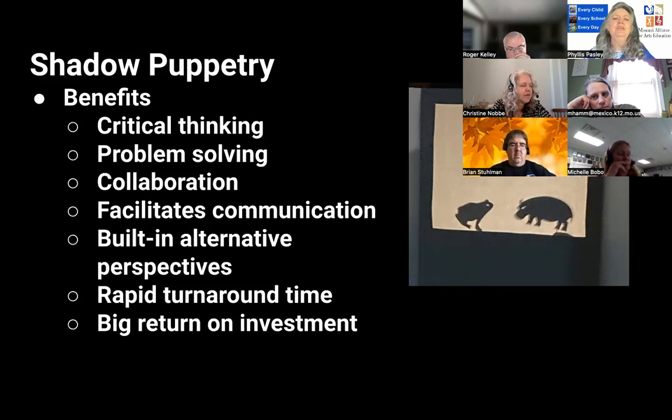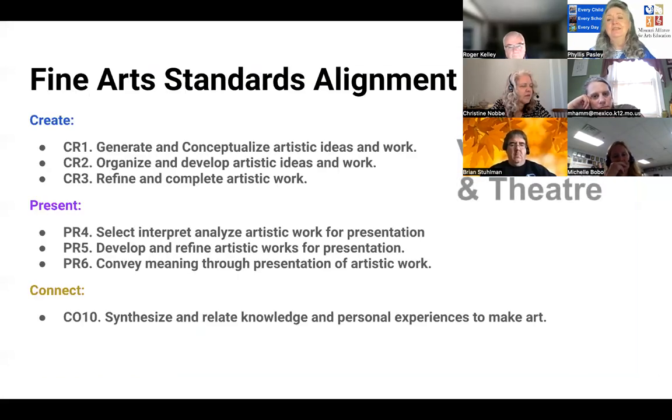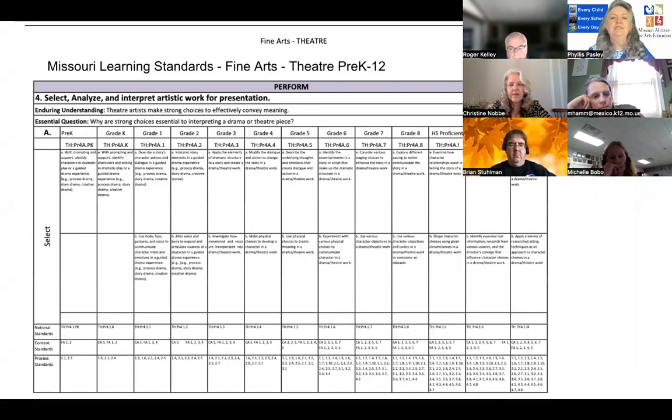It is such a big return on the investment of the time. So connecting the standards, it goes with many visual arts and theater standards that are listed here, the 3 Roger mentioned just a moment ago, along with the actual presentation of the work. And then finally, synthesizing and relating the knowledge from their personal experiences to create art.